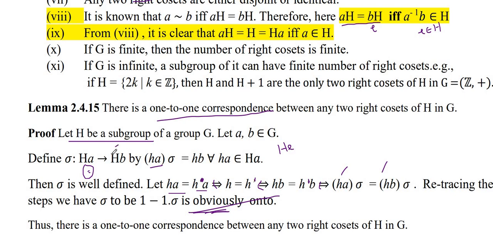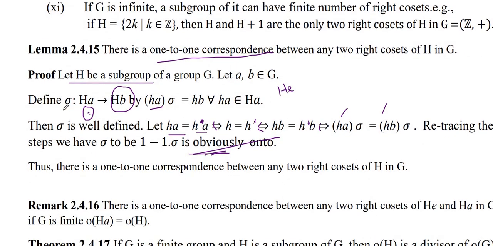Here, any element in the codomain is of the form HB only, and that itself is written as the image. So the image set being the whole of the codomain, your sigma should be onto. That is by the definition of an onto function. The image set should be the whole of the codomain. Then in that case, your sigma will be onto.